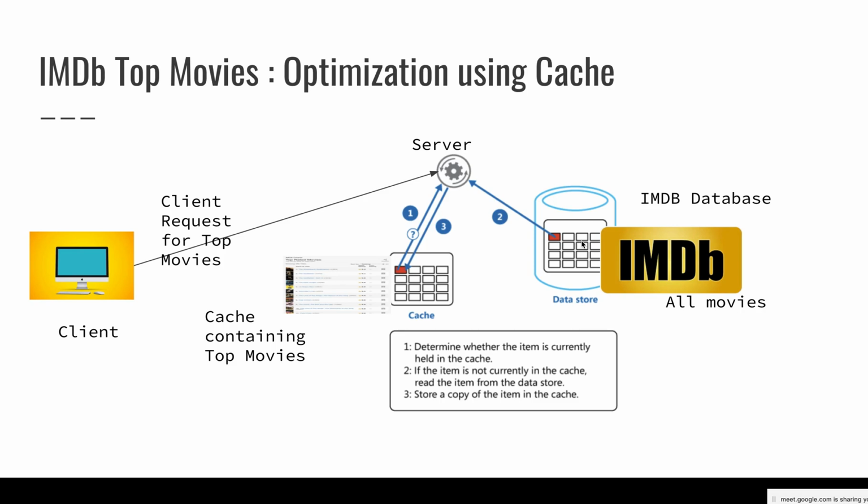This is called cache miss. In the situation of cache miss, the server is going to fetch that data from the database, add that data in the cache and respond it back to the client. Now this addition of data to the cache results in the presence of this data when another request comes in future for the same piece of data.